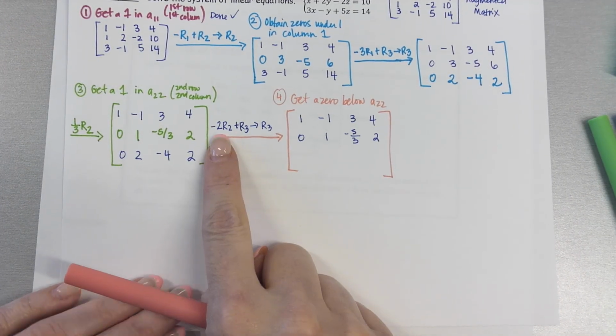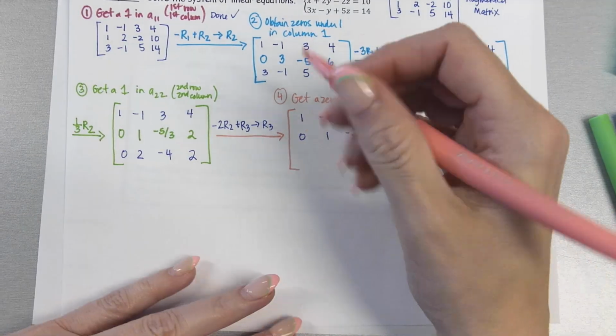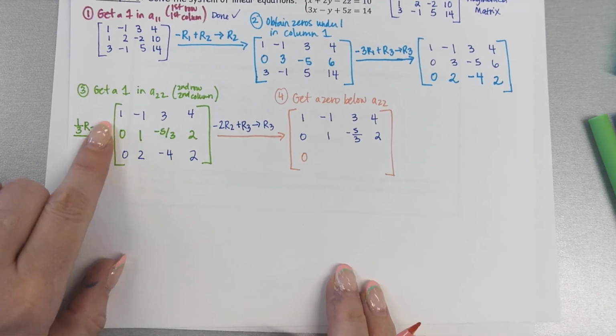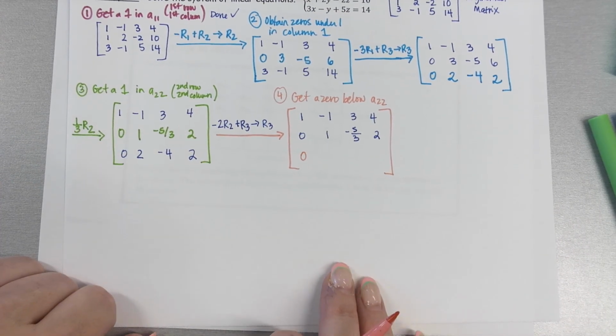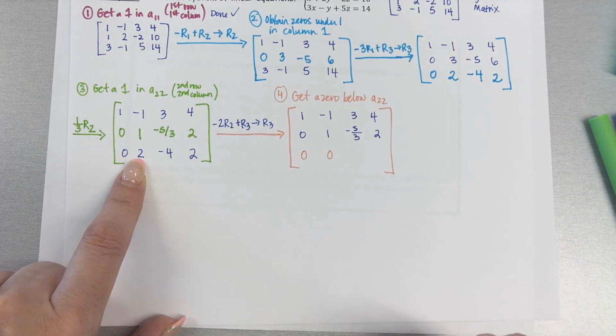The reason why this is great is because now I'm multiplying by 0. 0 plus 0 is going to keep that a 0. So by using this 1, I'm not messing up anything I've already done. And then negative 2 plus 2 is going to be 0.